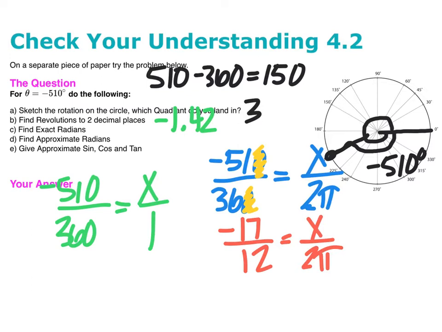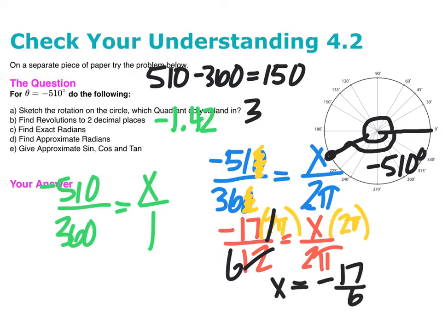So to solve for x, let's go ahead and multiply both sides by 2 pi. And I'll do that over here also. And then just simplify accordingly. For this simplification, I'm actually going to come in here and just have this simplify out this 2 and then change this 12 here to 6. I'm just going to simplify my fractions. That then is going to give us a negative 17/6 of a pi is the same rotation movement.